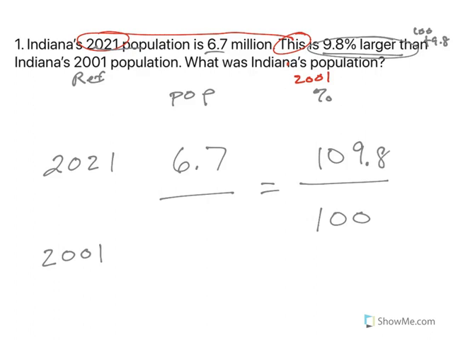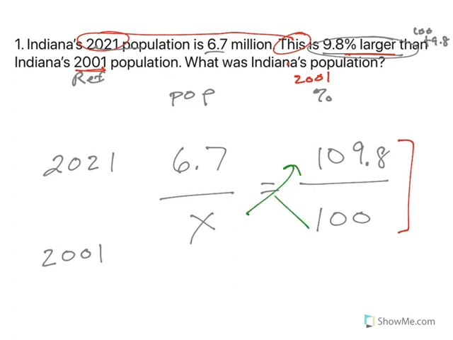So there's the percentages. And what was Indiana's 2001 population? The big key here is setting up the percent ratio. You've got to figure out which one of these items is the reference and then go by larger or smaller, whether you add or subtract. So it's larger than 2001. That's how you know 2001 is the reference.